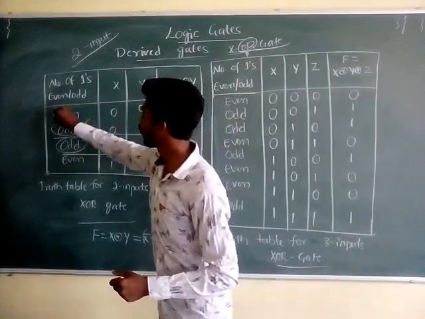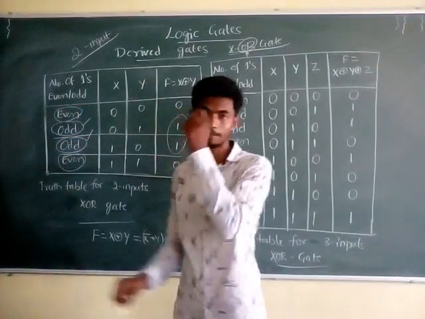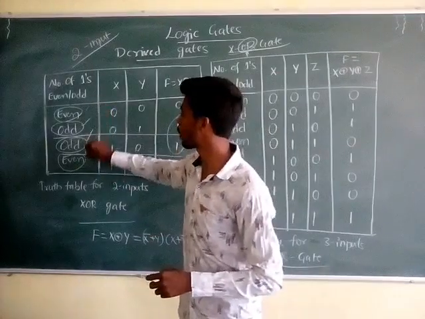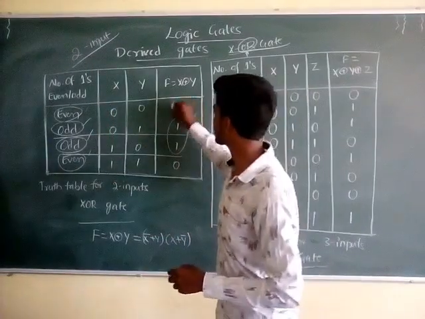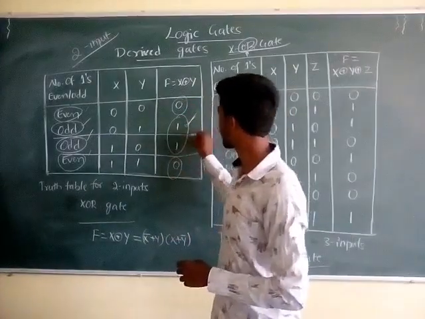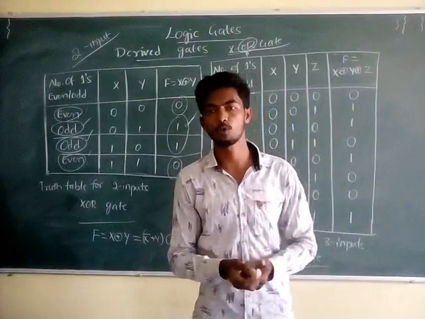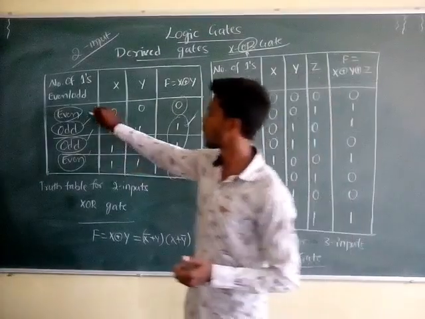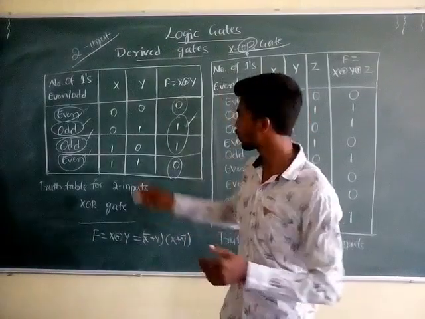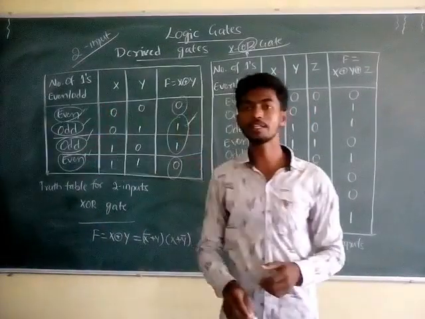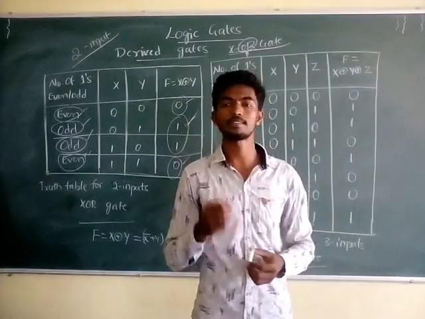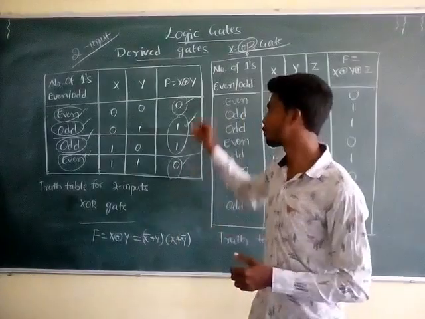When the number of ones in an input combination is even, the output goes low, or we can say zero.